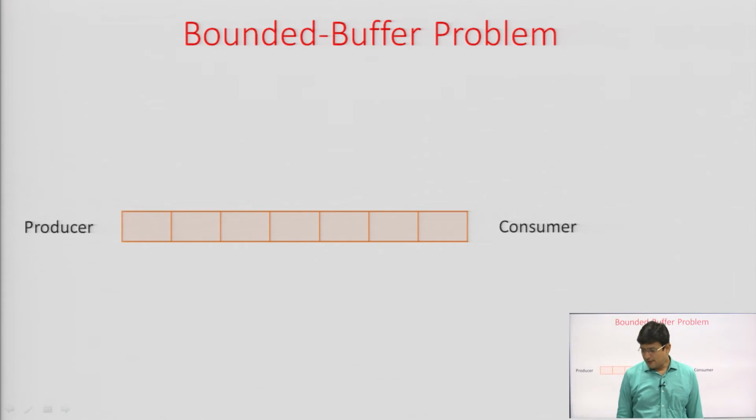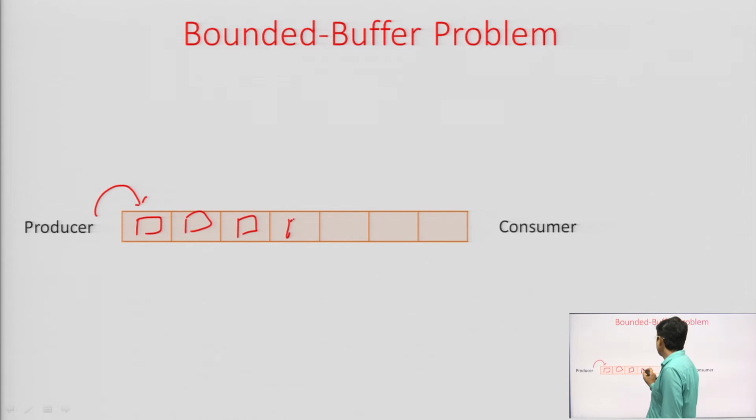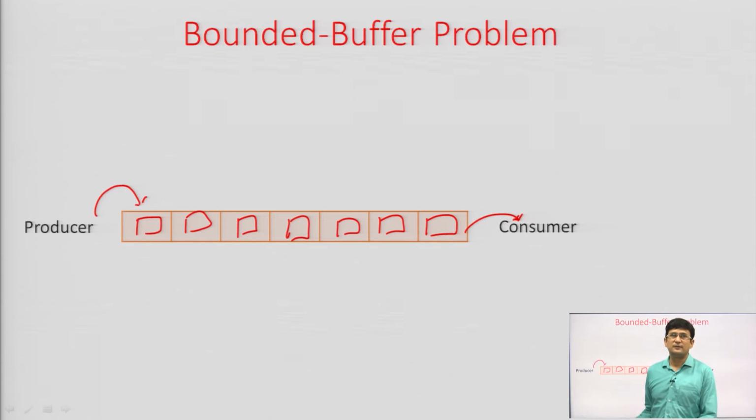Okay. Now, let us look at the bounded buffer problem. You can think of a factory where biscuits are created. There is a person who is baking the biscuits and keeping them on a conveyor belt, and these biscuit trays reach the consumer, who is packing these items and sending them forward.